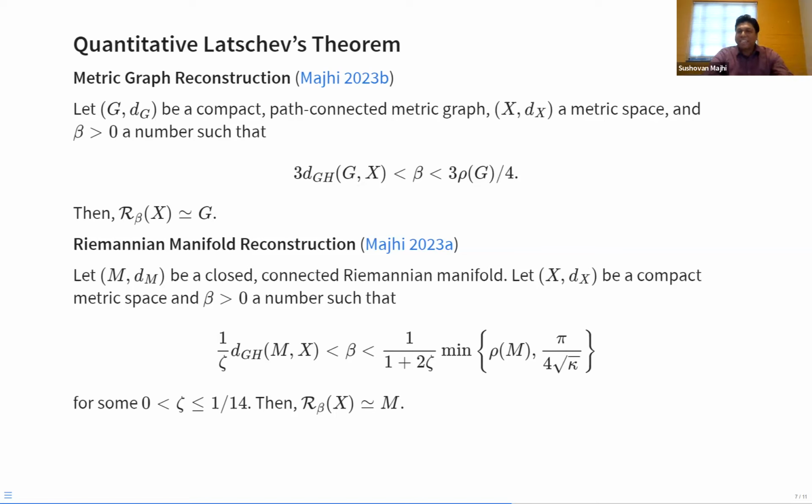Compact, it's also connected, and you have a compact metric space X, we call it our sample. And as long as you have control over your scale, beta, and this relationship basically controlling everything. On the right, we have rho of M, the convexity radius.